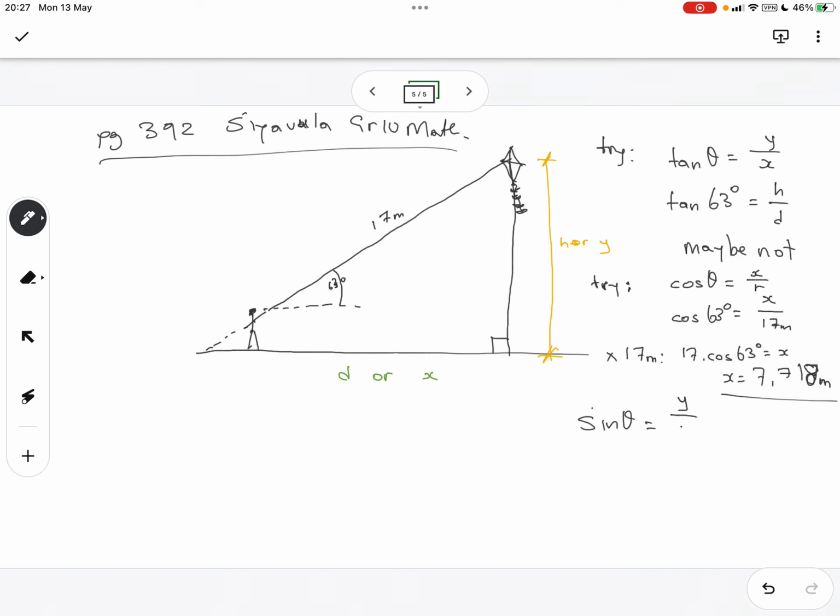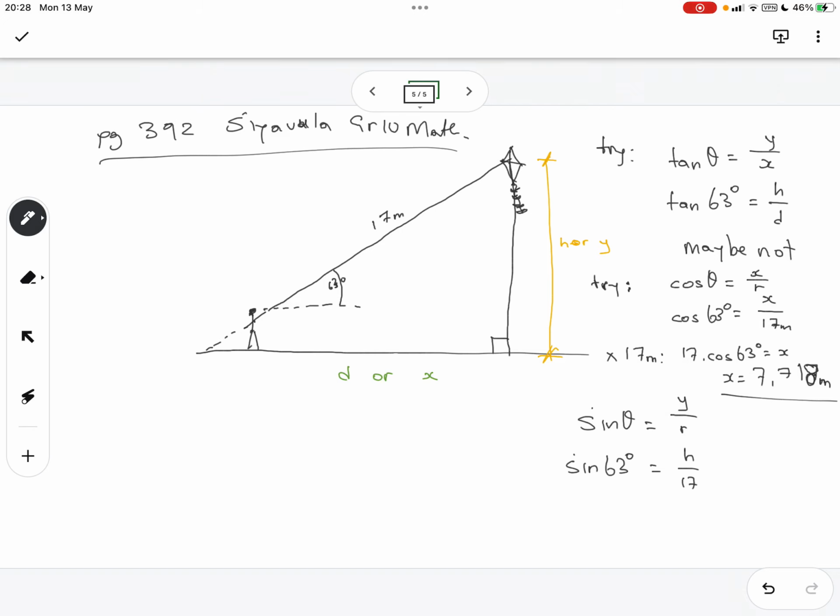So it's y over 17, so it's going to be y over r, which is h over r, the hypotenuse. So we've got sine of 63 equals h over 17.